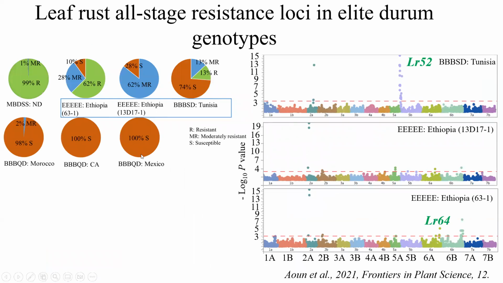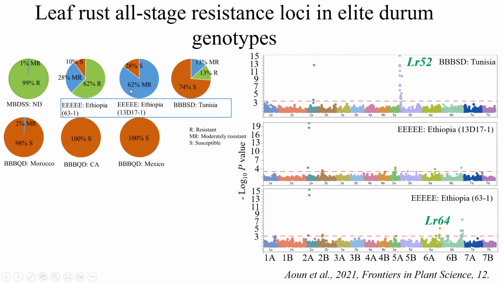For leaf rust, the evaluation at the seedling stage was done using 7 races. The first race is adapted to bread wheat, and all the lines were resistant to this race. When we use the races adapted to durum wheat, we reach up to 100% susceptible lines in the NDSU durum.